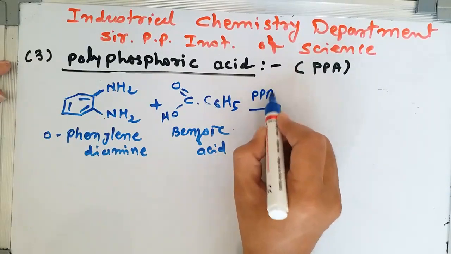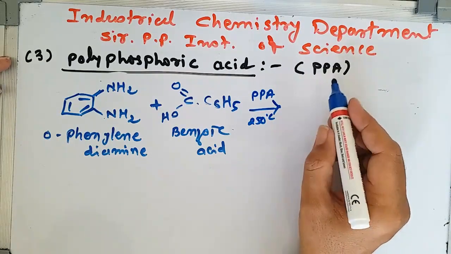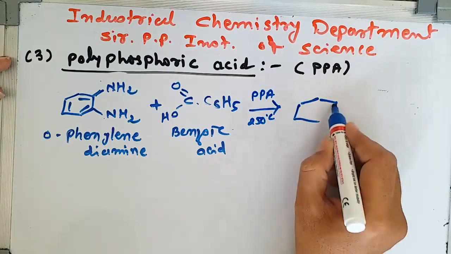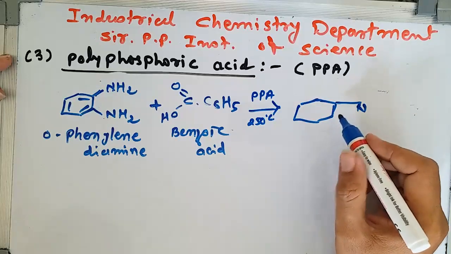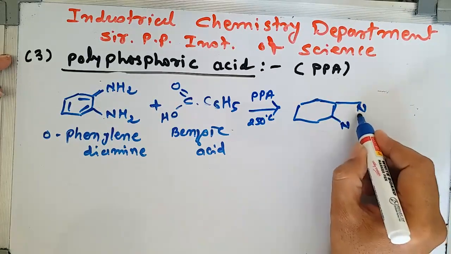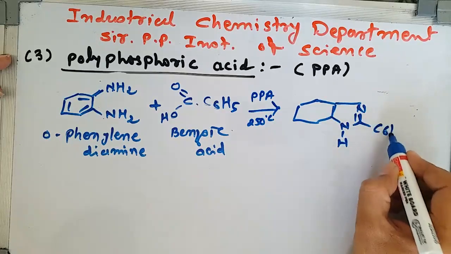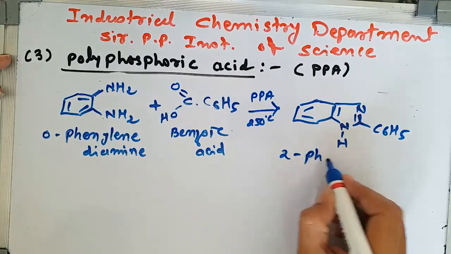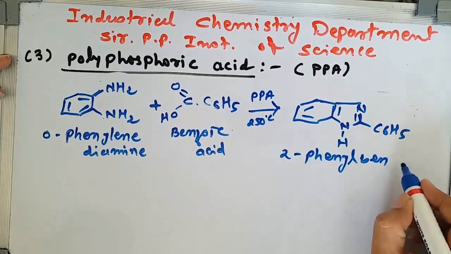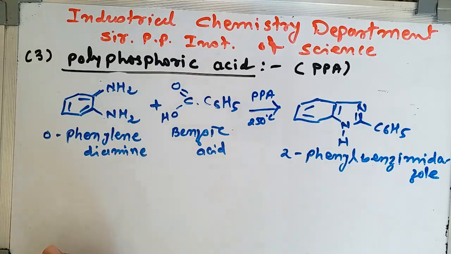With the help of polyphosphoric acid at 250 degrees Celsius, it is converted into benzimidazole, and here our parent molecule is phenyl, so it is converted into 2-phenyl benzimidazole. So this is benzimidazole.